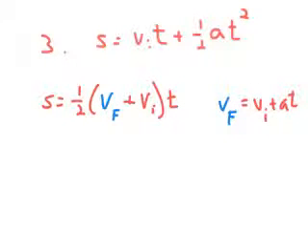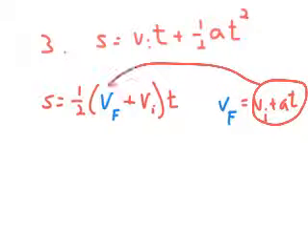So here are the first two equations from the definitions, and I've highlighted in blue what I am going to substitute. I'm going to substitute all of this, that's v sub i plus at, over into equation number 2. So on the right over here I have equation number 1, which is v sub f, final velocity equals initial velocity plus at.